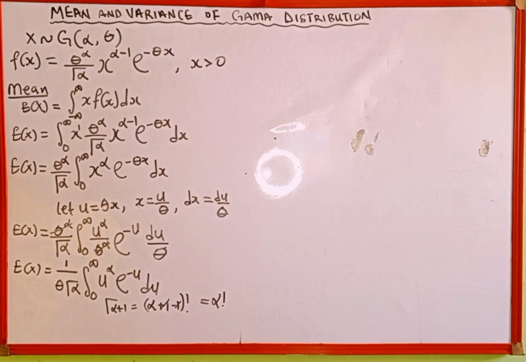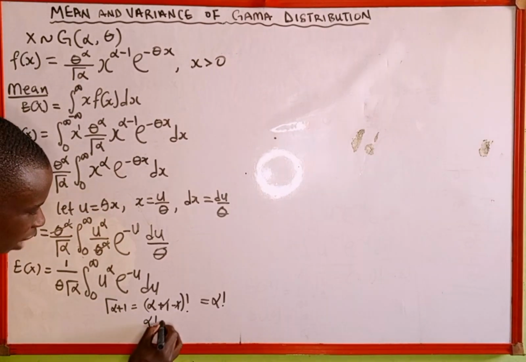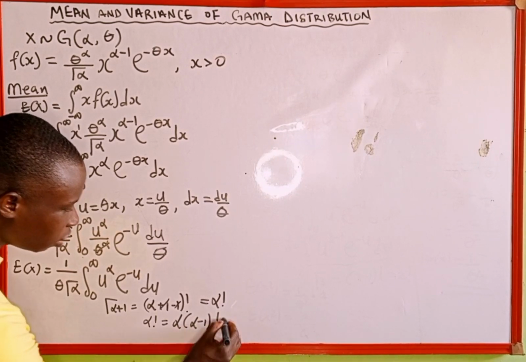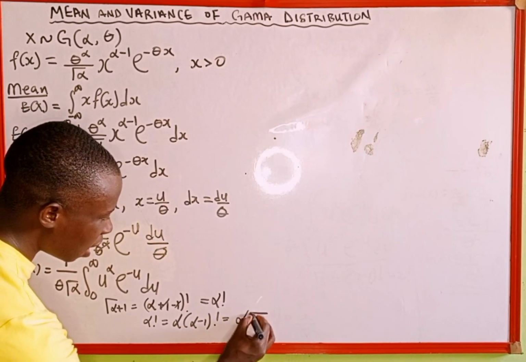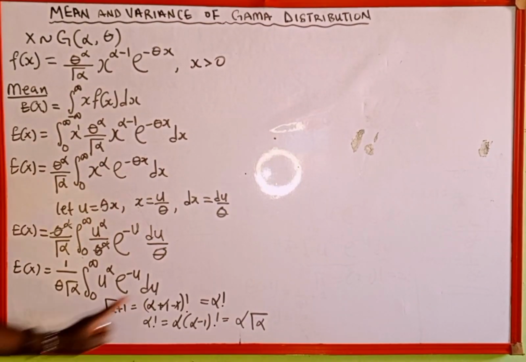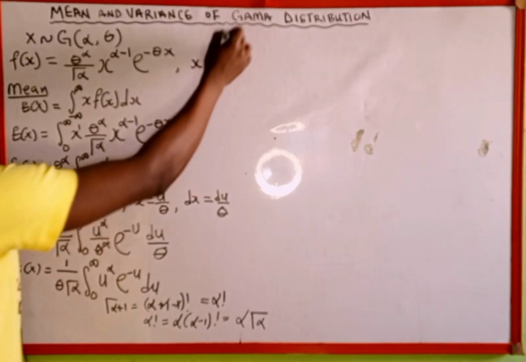So this is the same as alpha factorial. And alpha factorial is the same as alpha into alpha minus 1 factorial, which is the same as alpha multiplied by gamma of alpha. So in place of the integral, we replace it with alpha multiplied by gamma of alpha.